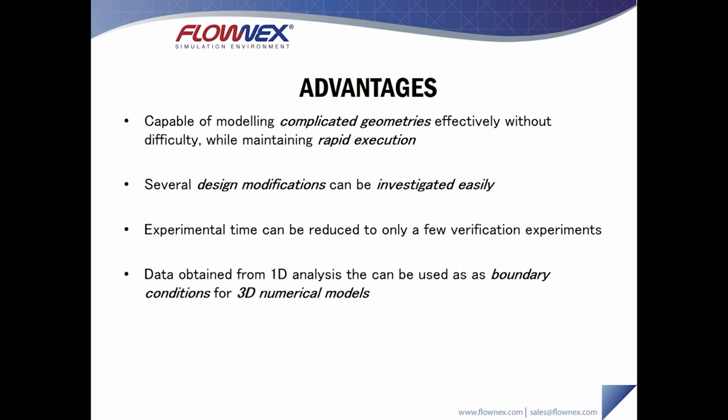So one other advantage of having a 1D network model is that you can use results from that model as boundary conditions to a 3D numerical model as well. So if you have determined heat transfer coefficients and bulk temperatures in Flownex, you can use those as boundary conditions to, say, a thermal FEA analysis.